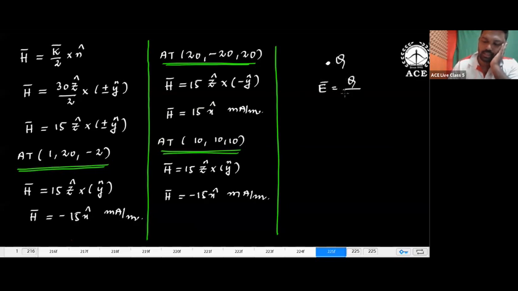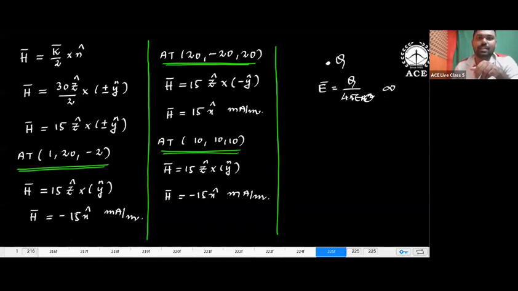E is equal to Q by 4 pi epsilon R square. If I make R equal to 0, it tends to infinite. Does that mean the electric field is infinite on the charge? No, it is not defined. The electric field is defined just after the charge.